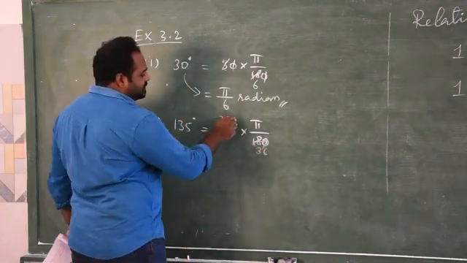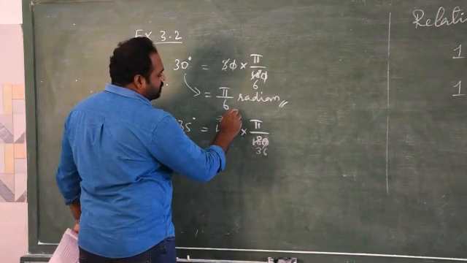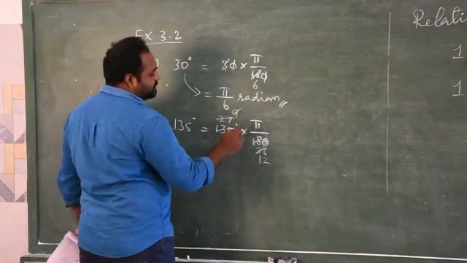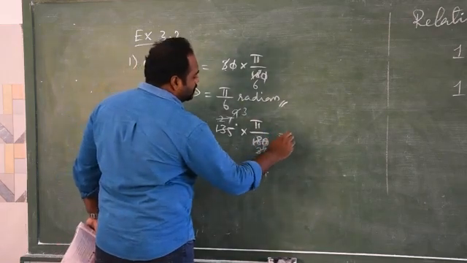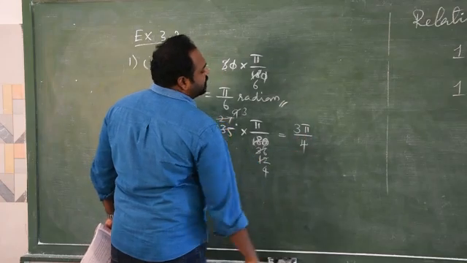Once again we have a cancellation in 3 table, 9 times here, 12. Again we have a cancellation, 3 times, 4 times. So the radian measurement is 3 pi by 4 radian.